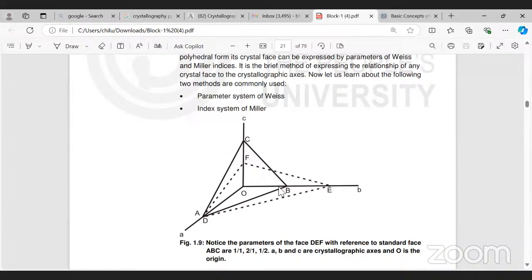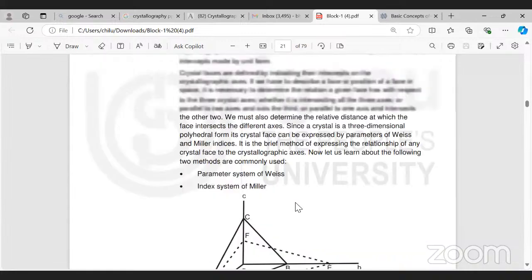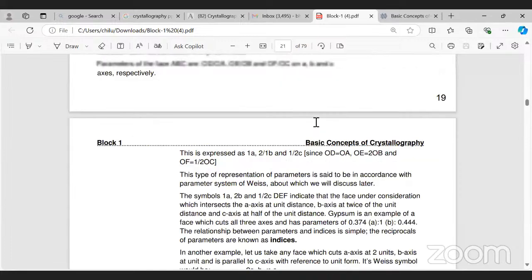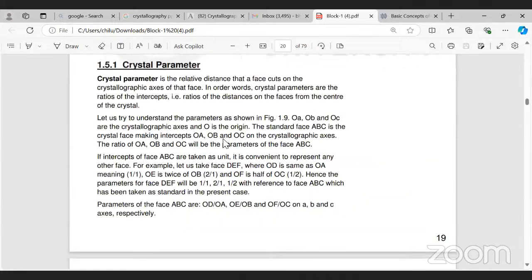These lines are known as the crystal axes, OA, OB, and OC. These are the basic crystal axes.